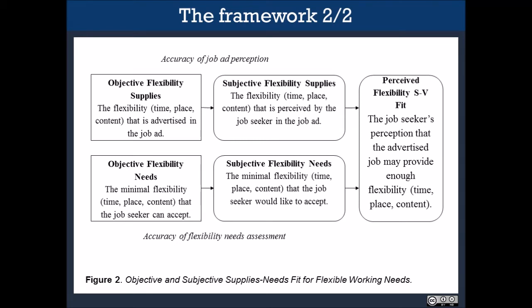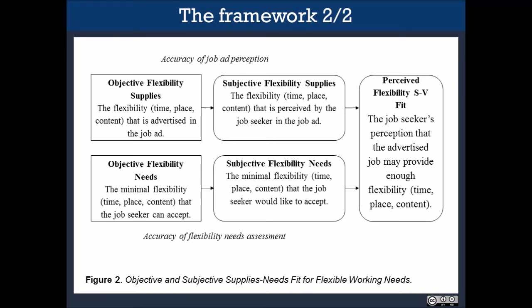So the point of fit may not be relevant in my situation. Some individuals may accept a job, or apply to a job, even if this job is not ideal. It has to be above the minimum, though, but it might not be ideal. So this is why needs are measured as a minimal state rather than an ideal state.